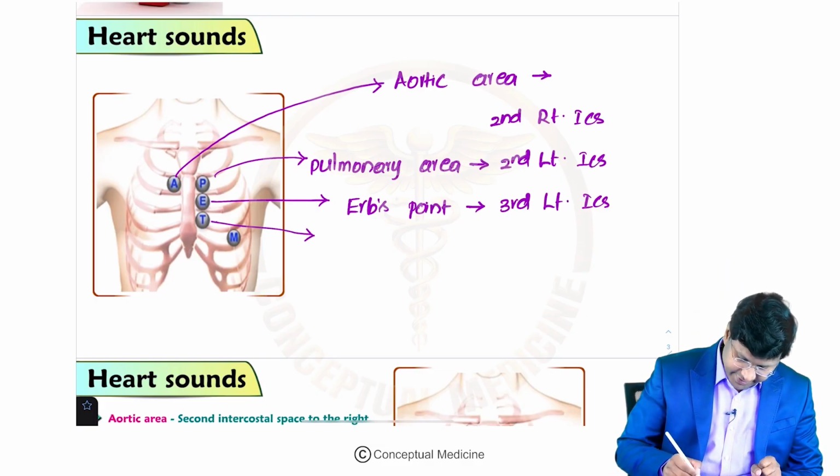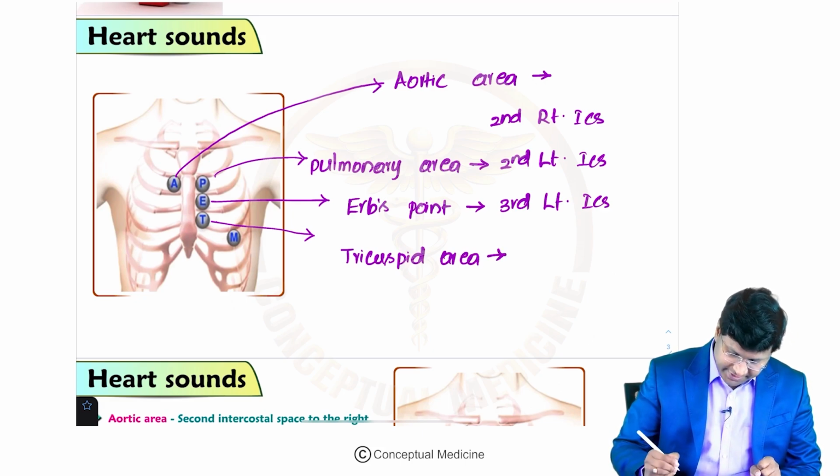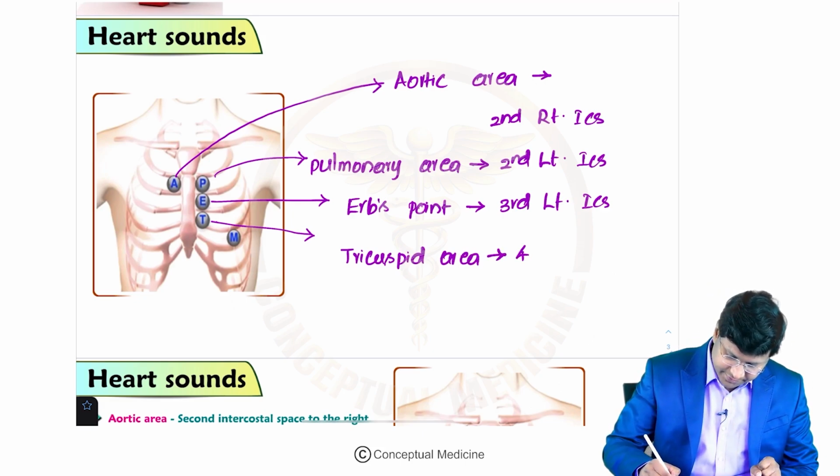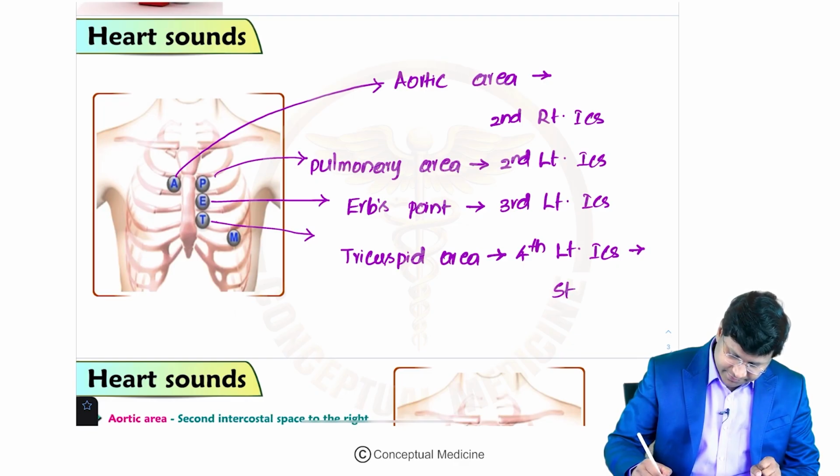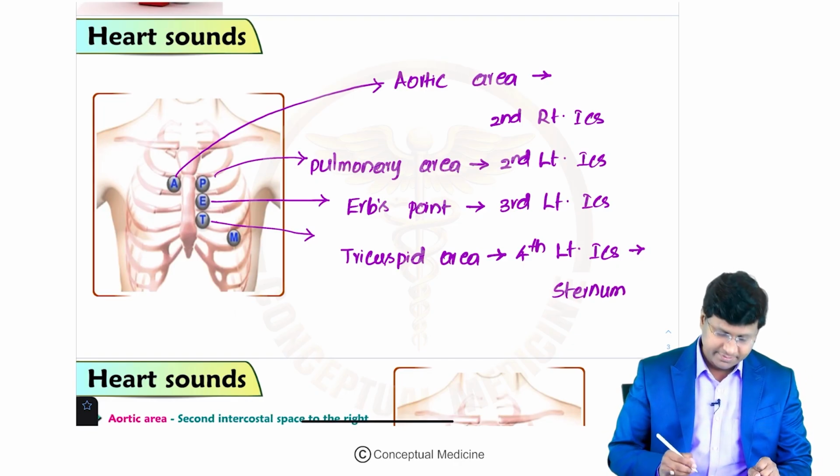Then the tricuspid area. The tricuspid area is present in the fourth left intercostal space adjacent to the sternum. Then the mitral area.